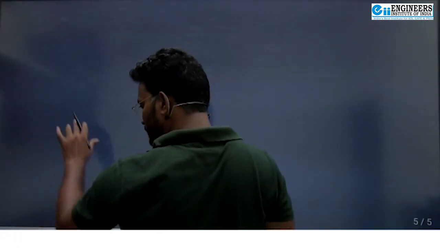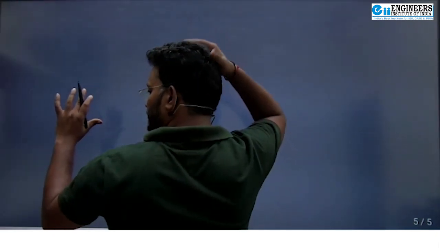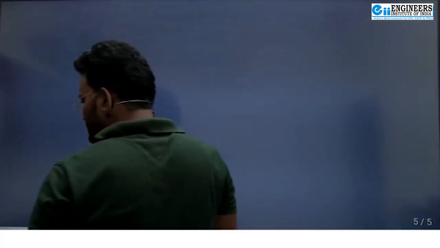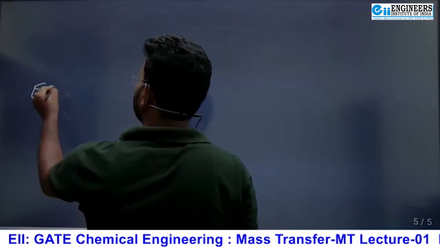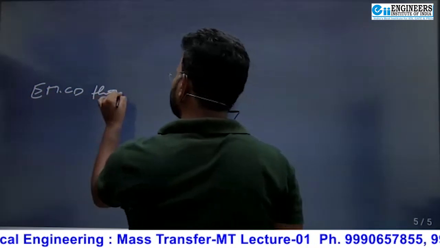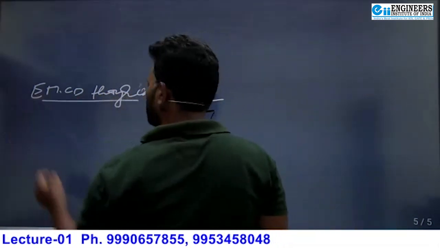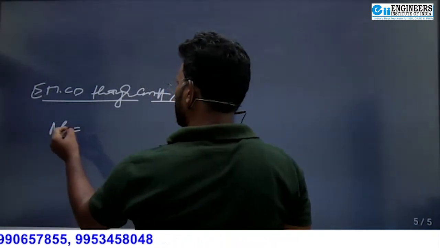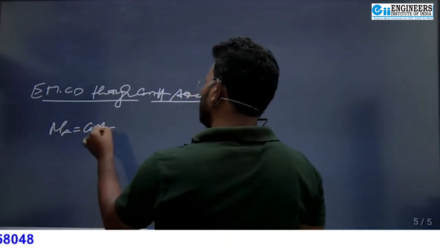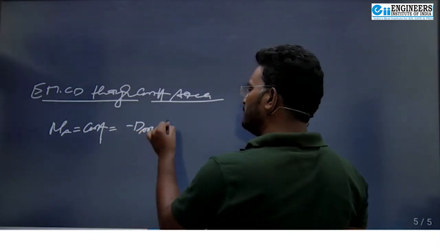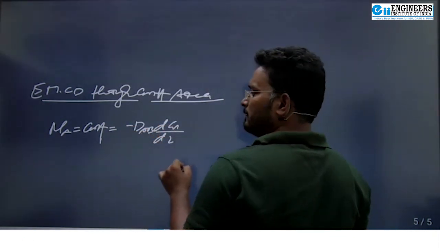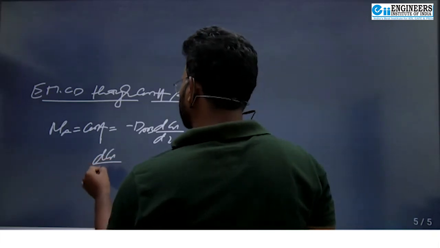So in equimolar counter diffusion through constant area, the concentration profile is linear, just like in heat transfer through a slab. Here NA is constant, flux is also constant, equal to minus DAB into dCA upon dZ. It means dCA upon dZ is constant.